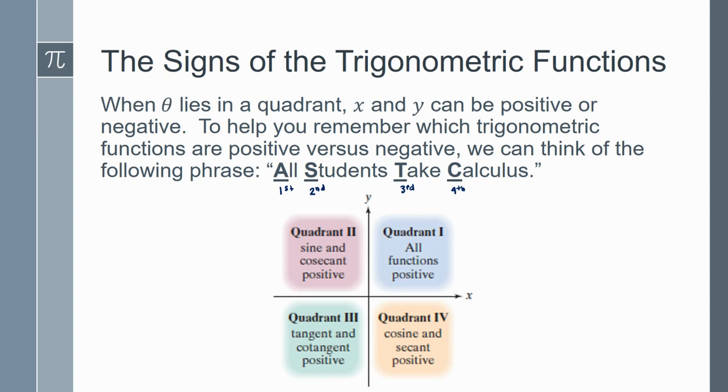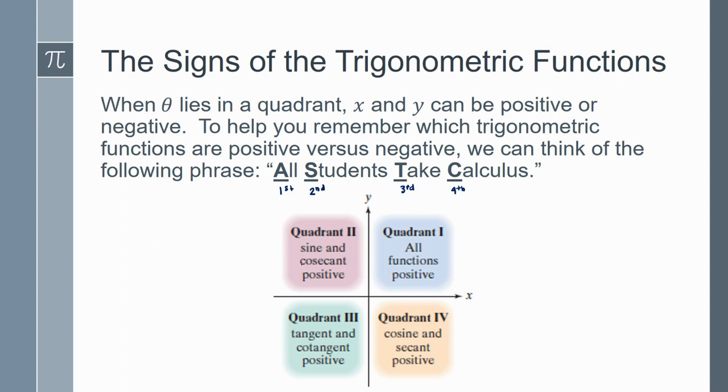Well, in the first quadrant, A stands for all, and that's because all the functions are positive. So all 6 of them, you won't have a single negative sign, which makes sense because in the first quadrant, you're moving to the right, which is positive, and you're moving up, which is positive. All the sides of my triangle will be positive. When I think about the second quadrant, when I see S for students, that means that sine, which starts with an S, is going to be positive.